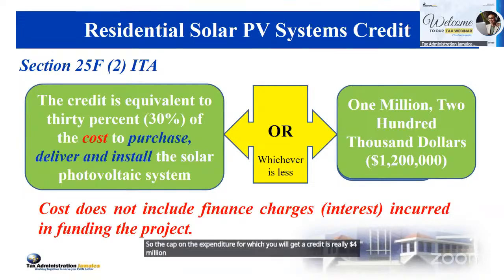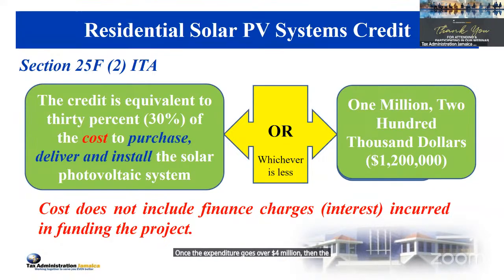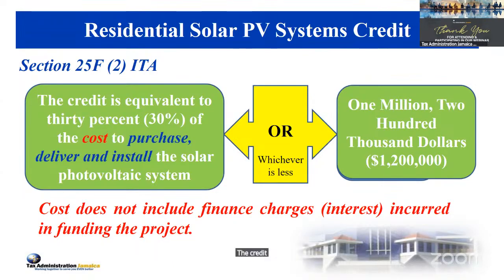Anything up to $4 million, you may be entitled to a credit of 30% of that. Once the expenditure goes over $4 million, you would not get a credit in relation to the excess. So if you were to install a system for $6 million, the credit would be capped at 30% of $4 million.